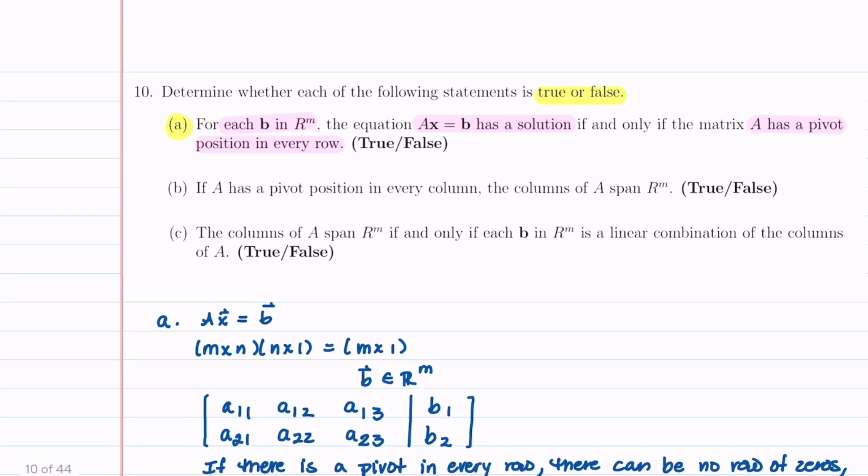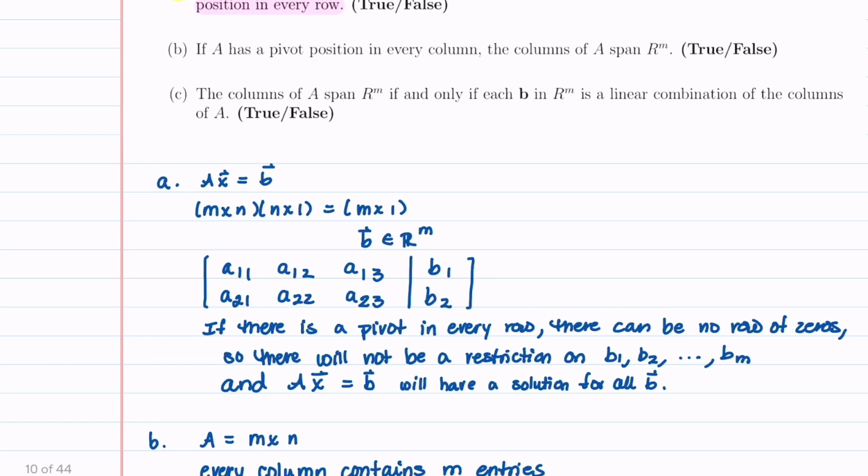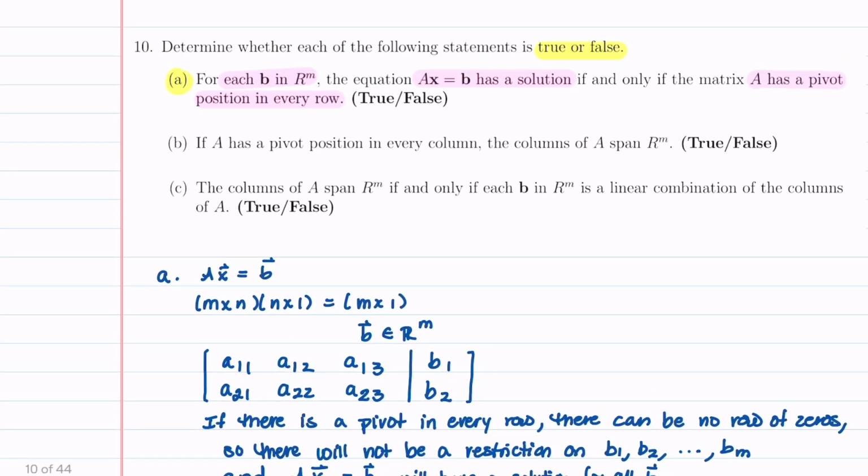I've actually written down the solution for this, and let me walk you through it. We're going to start by looking at the size of A, x, and b. The reason is that they say for each b in Rm, so we have to make sense of that.